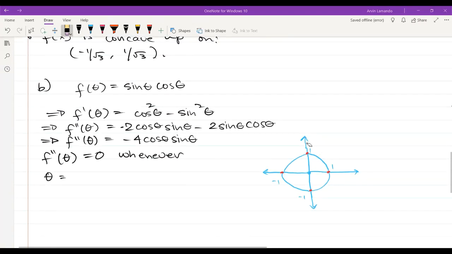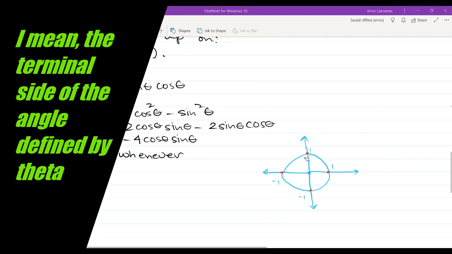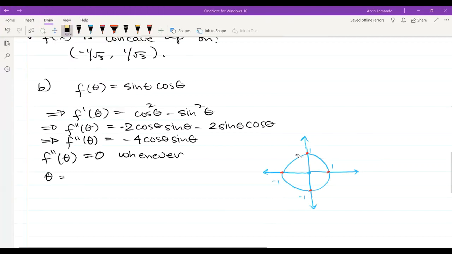So if this is your unit circle, the zeros of the cosine and sine of theta are exactly the terminal angles that coincide with the red points. And we should also remember that the cosine and sine functions are periodic with period 2 pi.